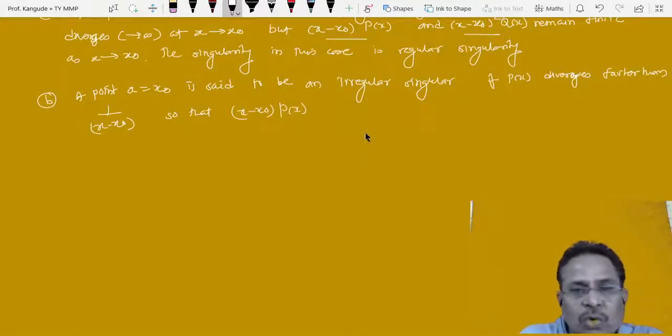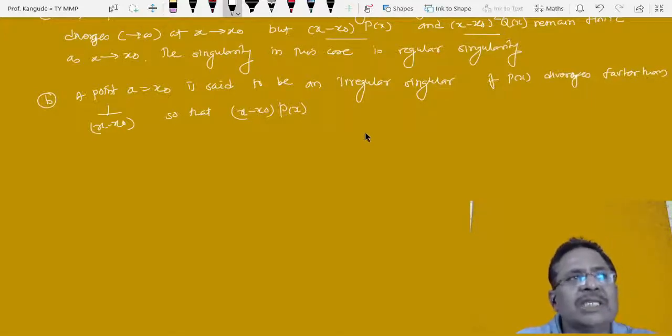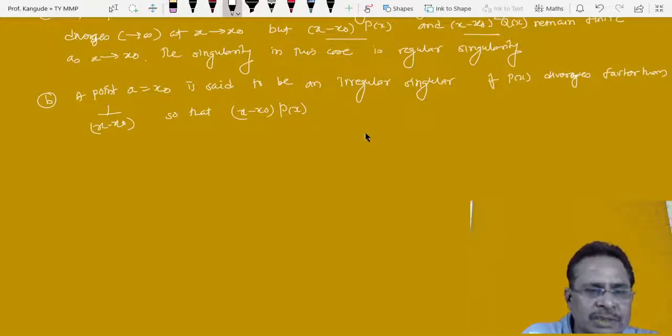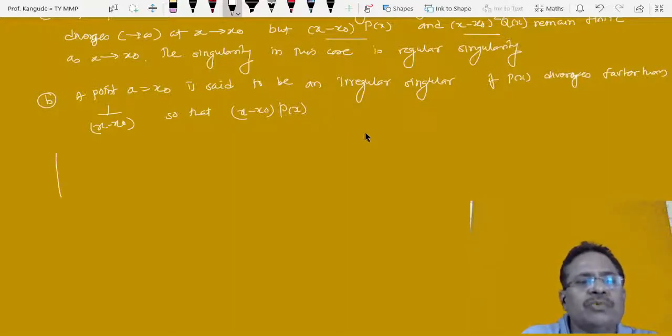Look at this, x minus x0: when I put x equal to x0, then 1 upon x minus x0 is 1 upon 0, so that diverges. More than that, this p of x term diverges faster, approaching a limiting value of infinity.